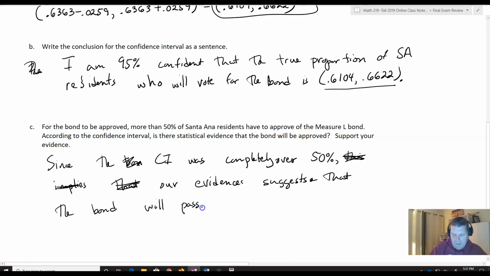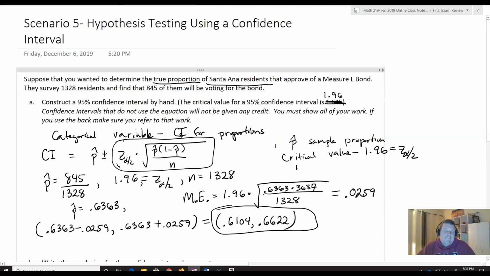And that's how we answer that question. If 50% is the value that we're looking for, and what we get for the true proportion is completely over 50%, then our evidence says it's not 50%, it's more than 50%. And that's how we use a confidence interval in order to run a hypothesis test. And there we go.